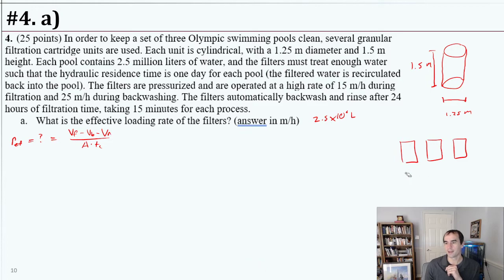So we'll just say the total volume here would be 7.5 times 10 to the 6 liters. We could convert directly and say that's 7.5 times 10 to the 3rd cubic meters. That's the total volume of the swimming pools.